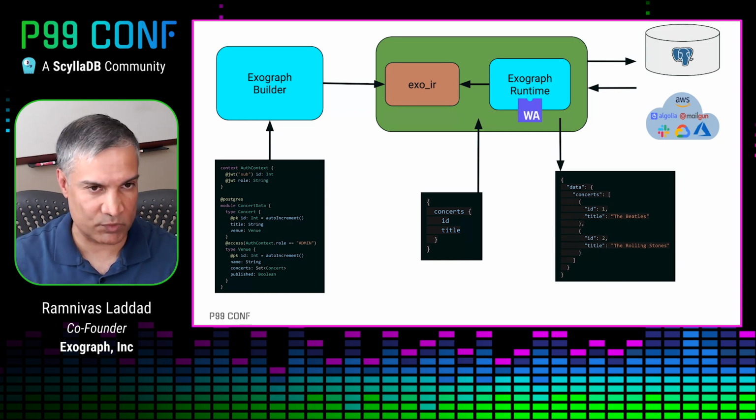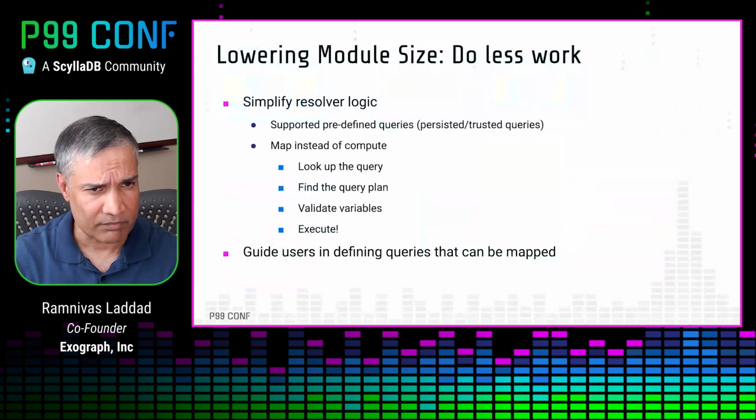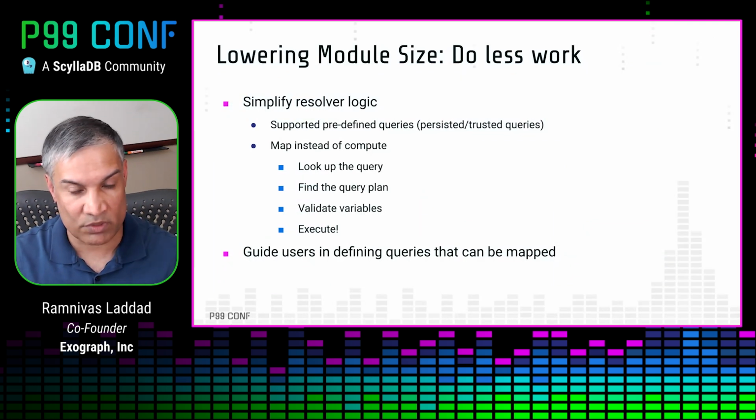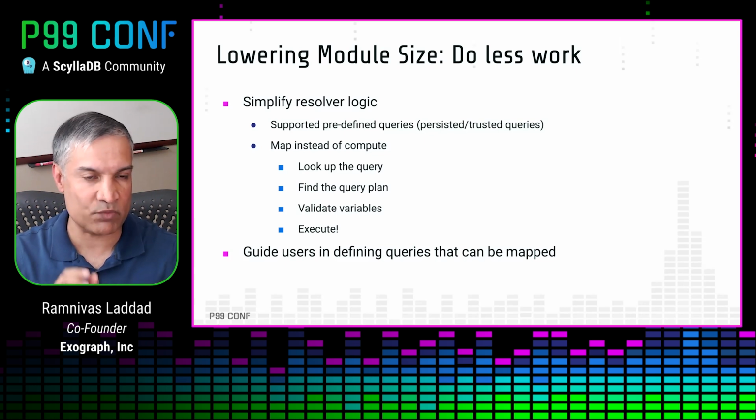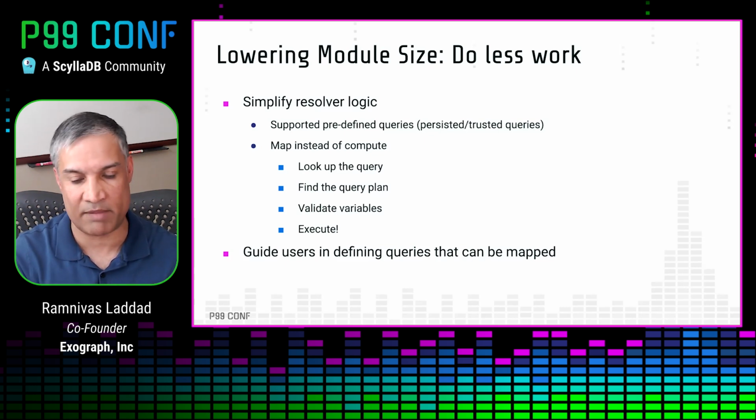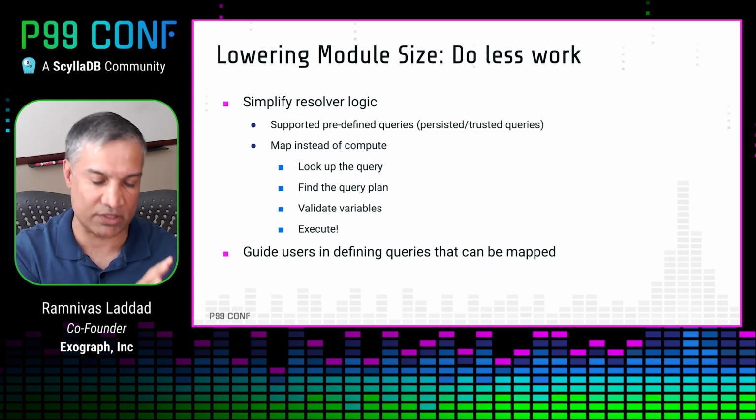And there are a couple of ways we can do it. One is we can support only predefined queries. Usually in a GraphQL server, you don't know what kind of queries will be made. The GraphQL ecosystem itself is going towards persisted queries or trusted queries. These are essentially predefined queries that the server will allow to be made. And if so, then we can, rather than computing... So right now what happens is if you get a GraphQL query, we look at the query.